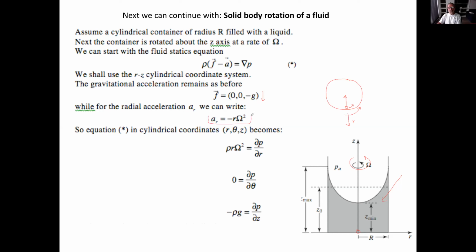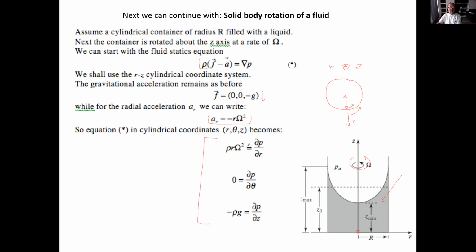That's the acceleration. So now the coordinate system is going to be r, theta, and z. So the coordinate system is r, theta, tangential, and z. We think that nothing happens tangentially, so we're not really looking at very much, but we still write down all the equations in a vector form. So this equation in vector form will look like that.